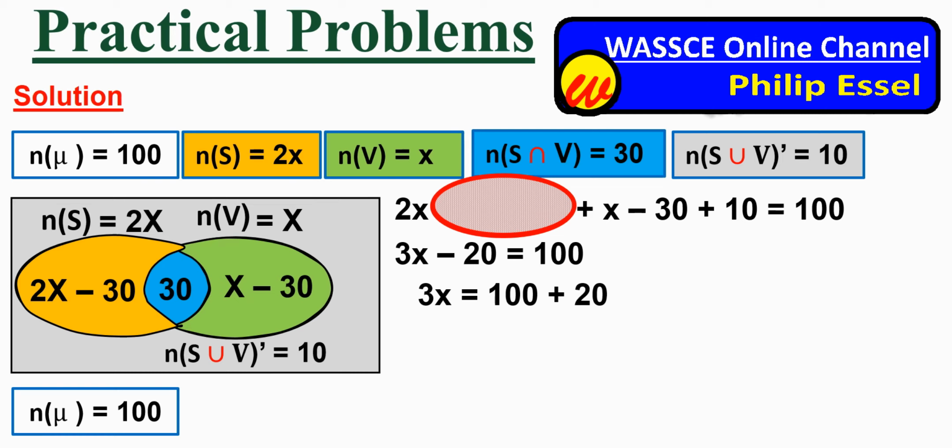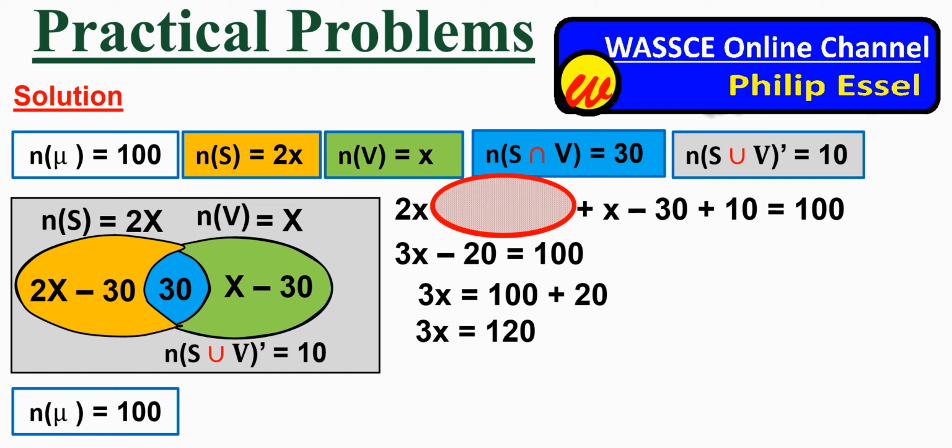So we would get 3x equals 120. To find the value of x, we will divide the 3x by 3 and we will get x, and we will divide 120 also by 3 and we would get 40. So that will give us x equals 40.